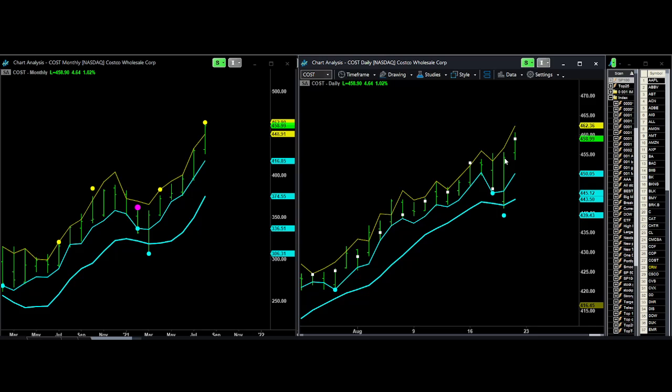At this point, this closing price or relatively high price is $454.05. So 454 minus 442, it's about $12 difference.